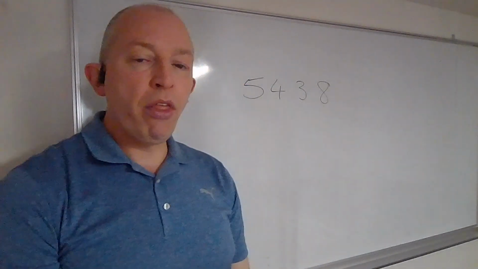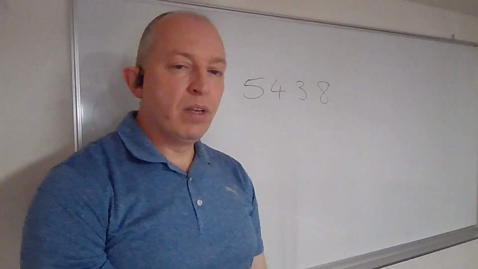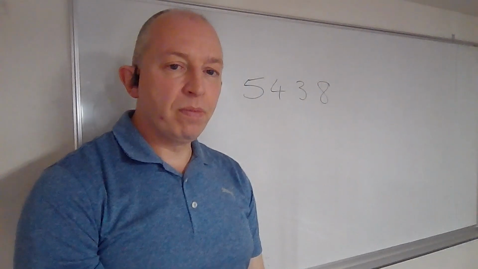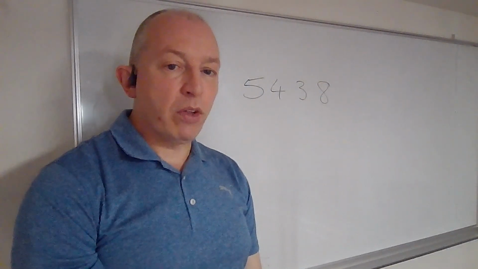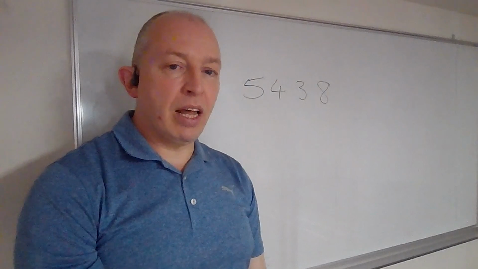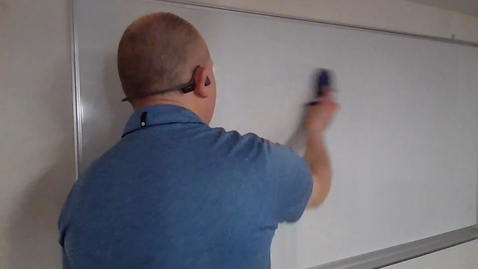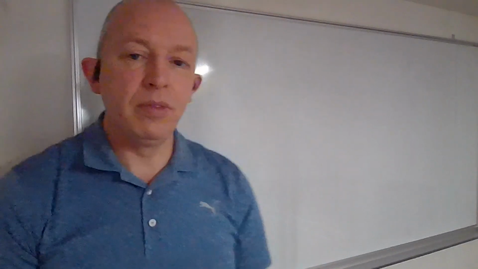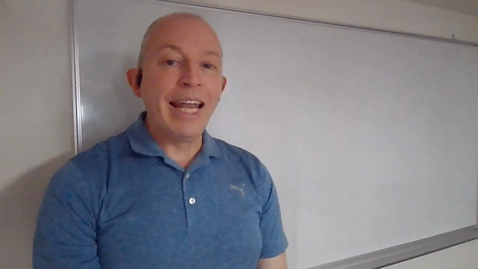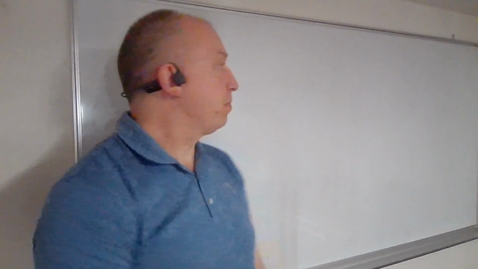So let's do a few of these together. 5, 4, 3, 8. Where does the comma go? Well, the comma goes to separate the last 3 numbers.